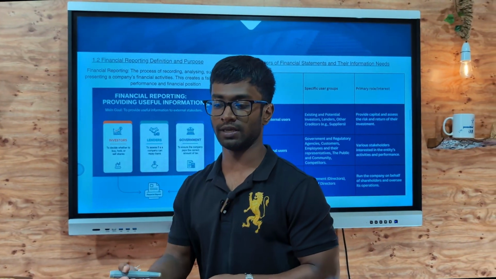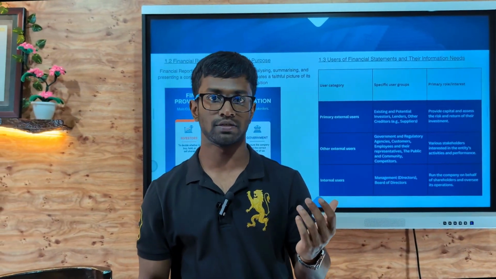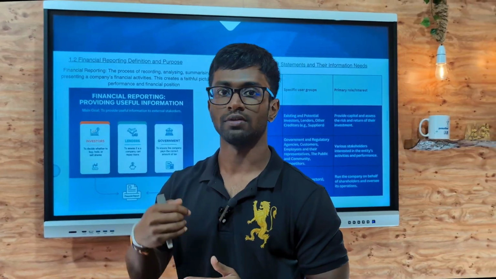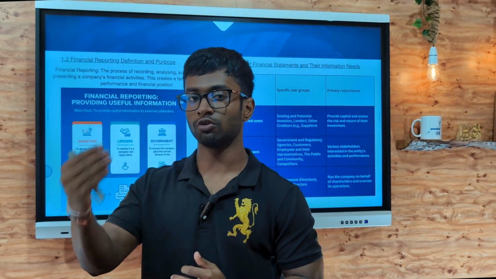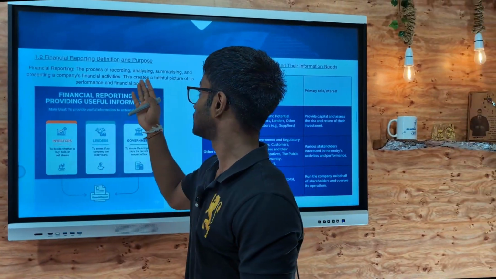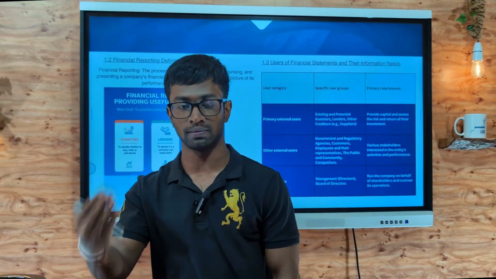For example, you get the total of your income, the total of your expenses, and income minus expenses, we get our profit. So profit is what you have summarized. Then after summarizing, you present it. You present it in your financial statements.